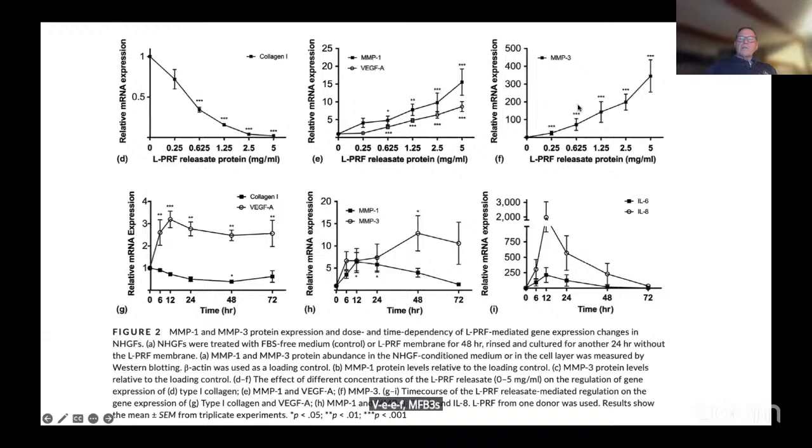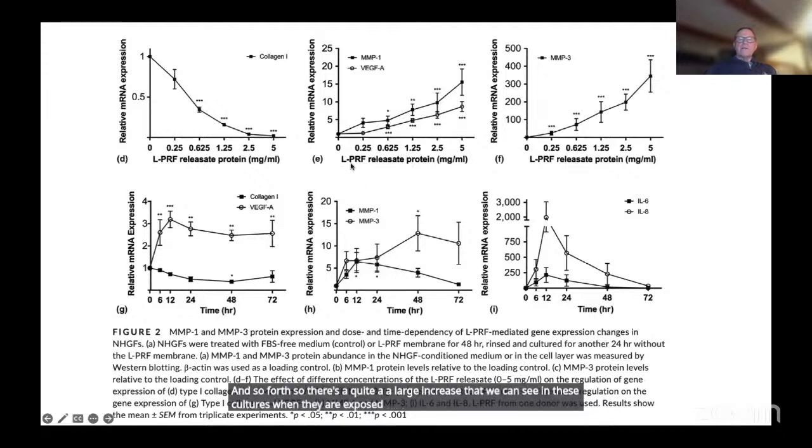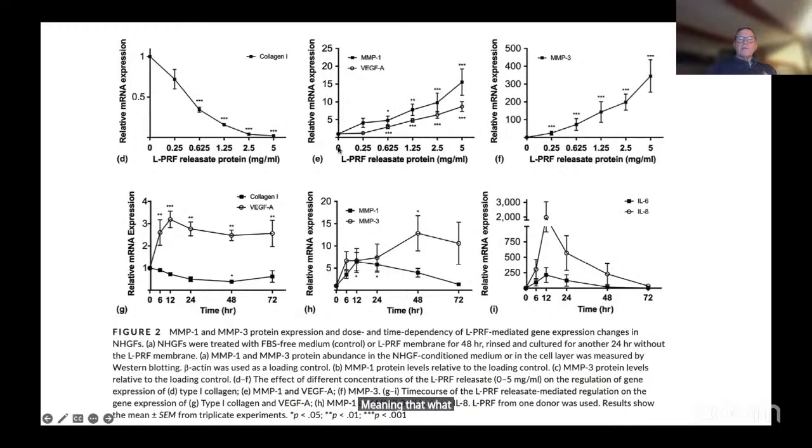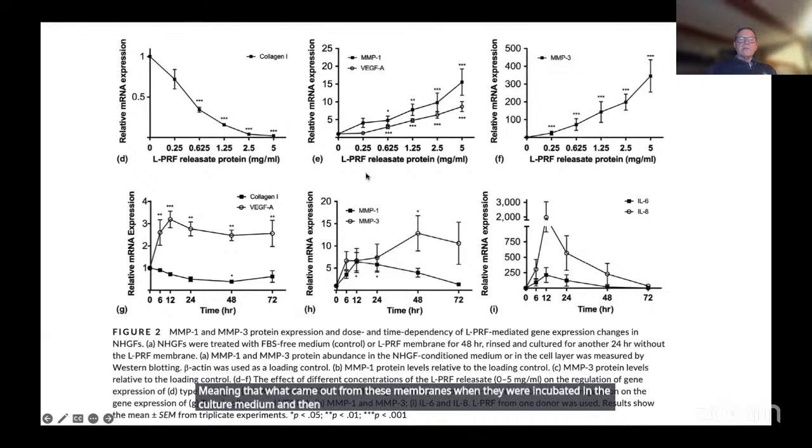There's quite a large increase that we can see in these cultures when they are exposed to, in this case, what we call LPRF releasate, meaning what came out from these membranes when they were incubated in the culture medium, and then we treated the cells with that.